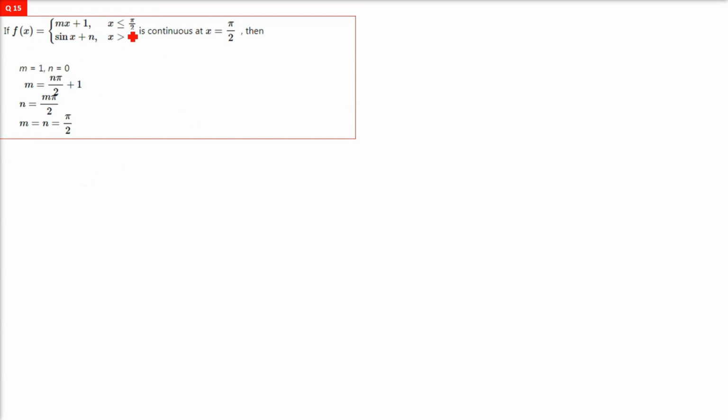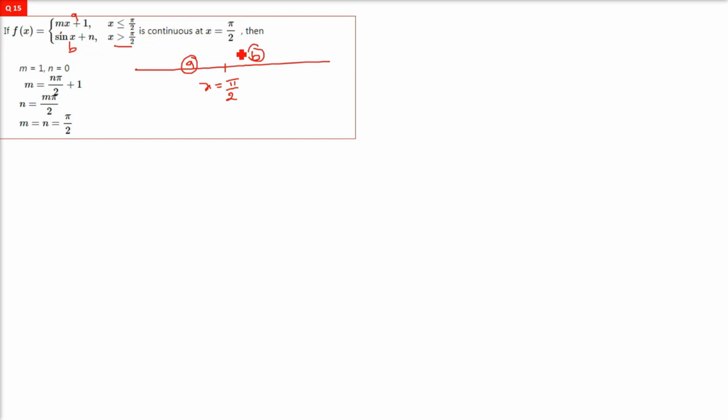If f(x) is this, the point given is pi by 2 and it is told that this function is continuous at x equals pi by 2, that is 90 degrees. So assume the first function to be a, which applies on the left of pi by 2, and take the second function as b, on the right hand side.